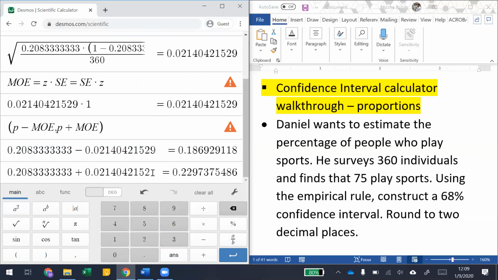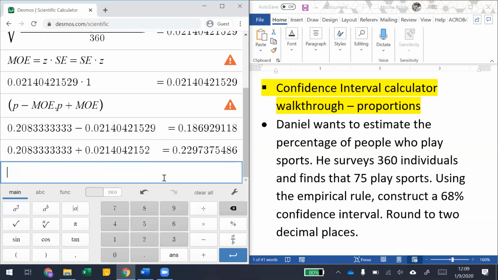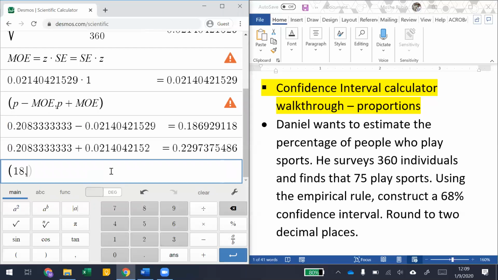And then I want to be careful because this is a percents problem. This lower number up here, I wouldn't normally write it like that. I would normally write that as 18.6929118%. You'll remember I can't just have a plain percent sign on Desmos, but it's 18% and 22.97%.